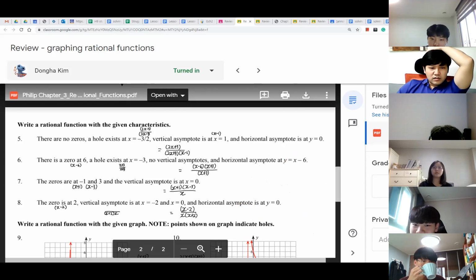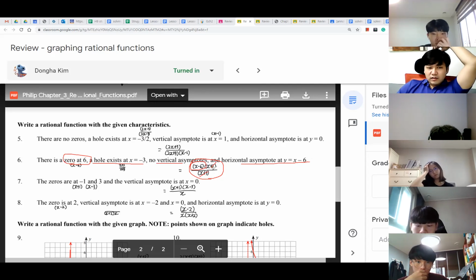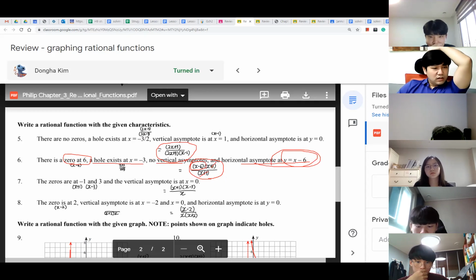Okay, so this is Phillip's answer and I like it. You cancel. So the hole is here, there is no vertical asymptote since the denominator cancels and nothing is left, and the horizontal asymptote, or rather the slant asymptote x minus 1 here, the degree on top is bigger by 1, and the zero is at 6 so it's x minus 6. Okay? I don't think we can create any other function like this one because of this part, since it has to be bigger by exactly 1.